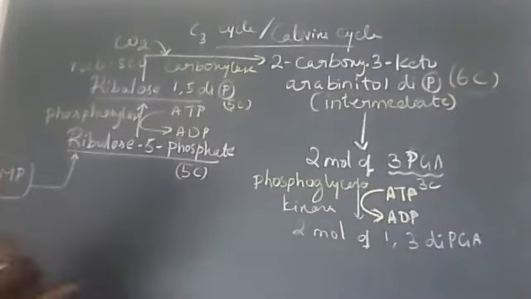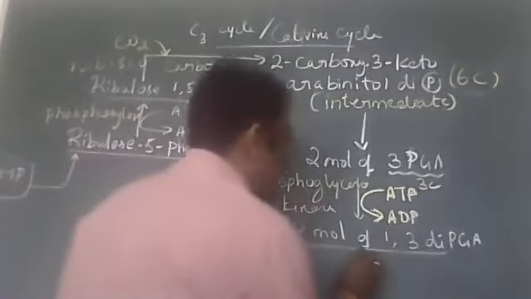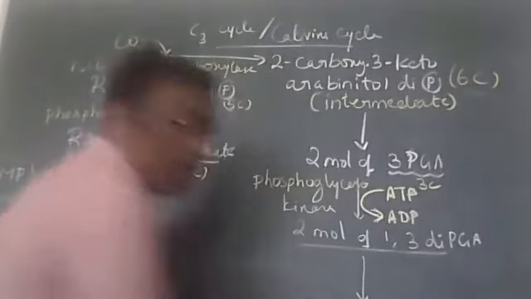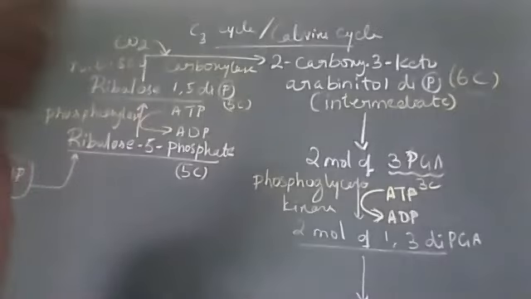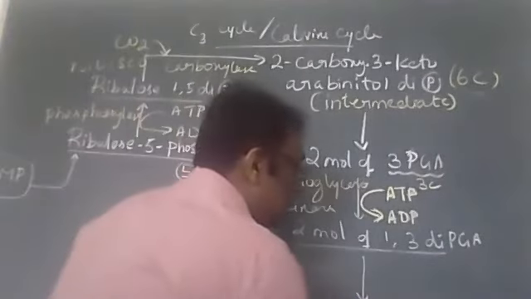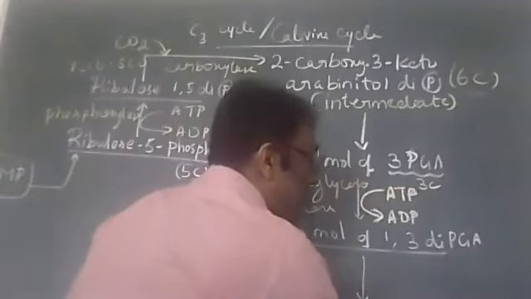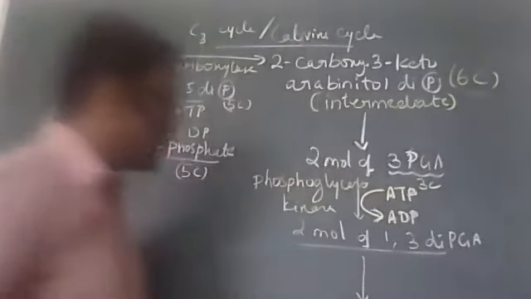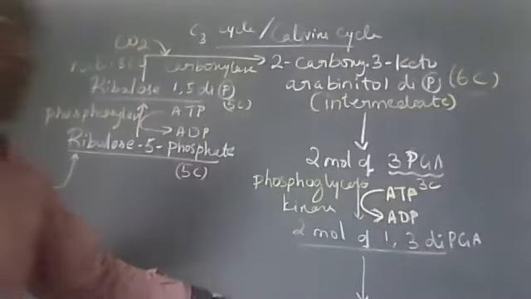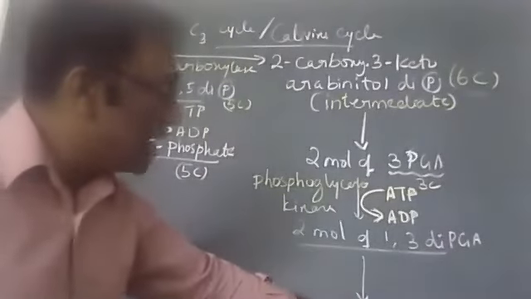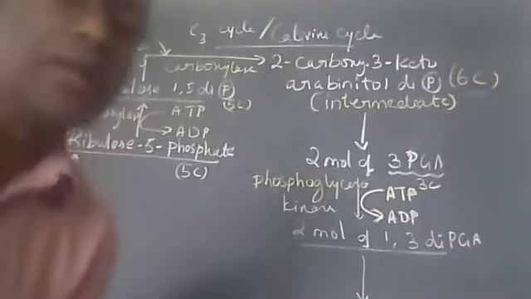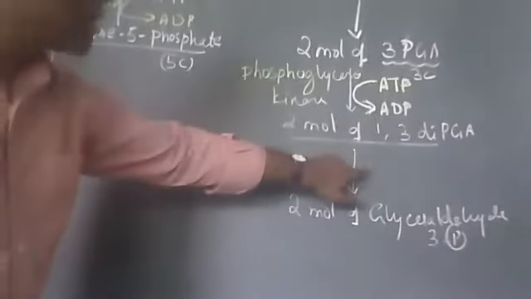Finally, this will become 2 molecules of glyceraldehyde 3-phosphate. Remember, glyceraldehyde 3-phosphate. 1,3-diphosphoglyceric acid becomes glyceraldehyde 3-phosphate. Please remember here, hydrogen is added.